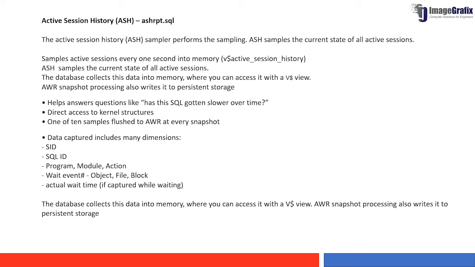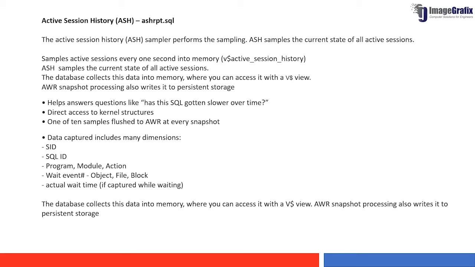It samples active sessions every 1 second into memory. Then the database by itself collects this data into memory where you can access it with a V$ view, right? Then the AWR snapshot processing also writes it to the persistent storage.